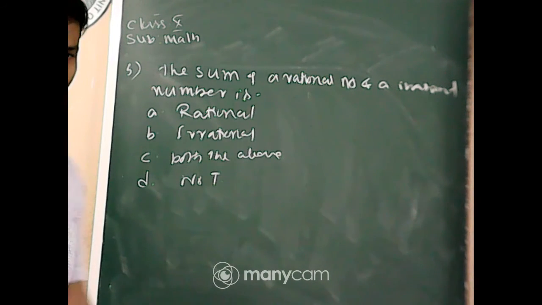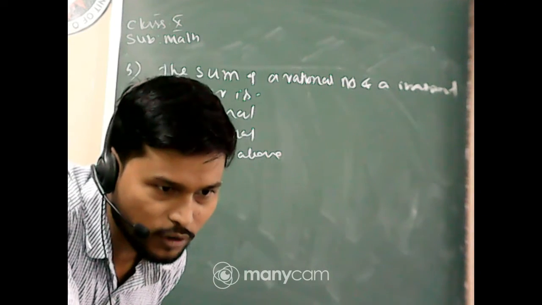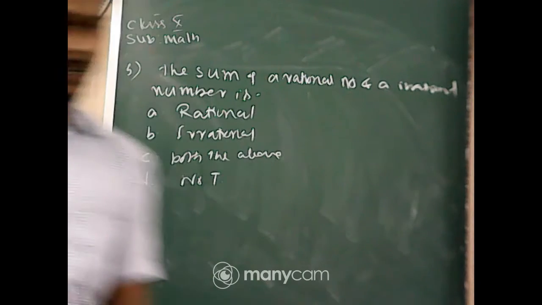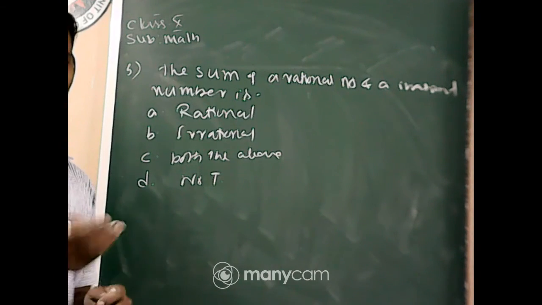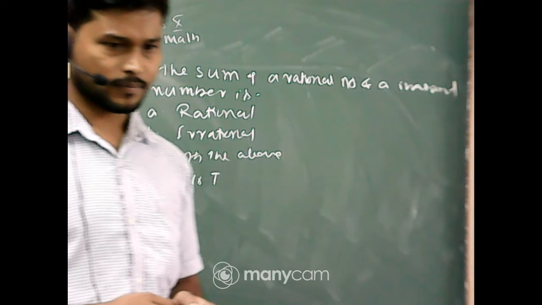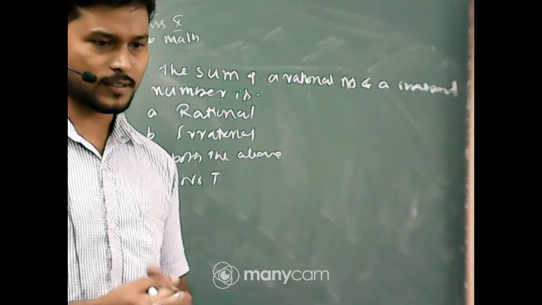Option B, Shomudeep is saying B, Noreen is saying B, Arya is saying no, it is C. What will be the correct answer? I am expecting a few more answers from your side. What will be the answer?